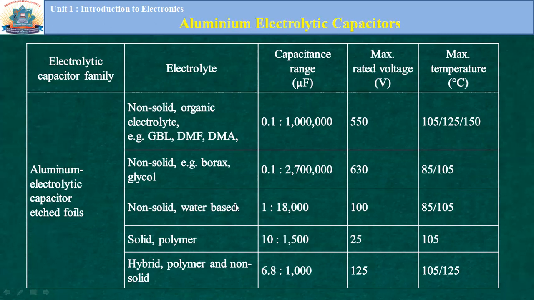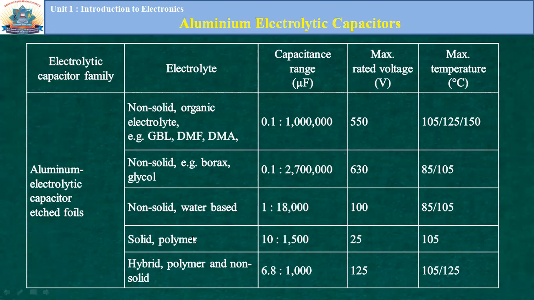Non-solid water based offers a low range of capacitance, 1 to 80,000 microfarad, and the operating voltage is also less, nearly 300 volt or inside. They also operate at nearly 85 to 105 degrees Celsius.